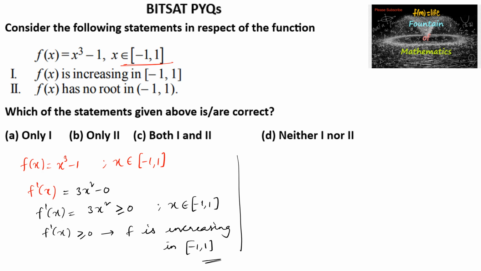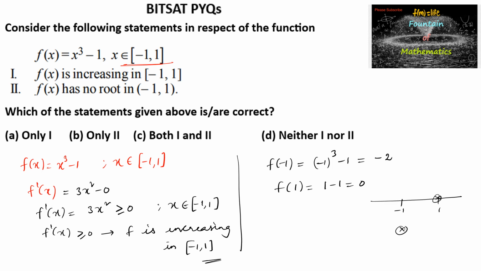And now, since this function is increasing, f of negative 1 we can write minus 1 whole to the power of 3 minus 1, which is negative 2, and f of 1 is equal to 1 minus 1, which is equal to 0. We can see that for the graph at negative 1 it is minus 2 and at plus 1 it is 0.